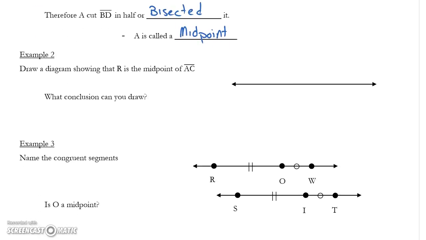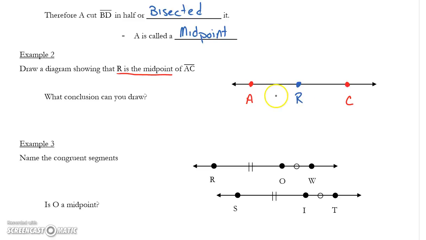Example 2. Similar to what we did yesterday, but a little bit different, because now I'm not saying that R is between A and C, I'm saying R is the midpoint. So I would draw segment AC, and now I am going to place R in the exact middle.